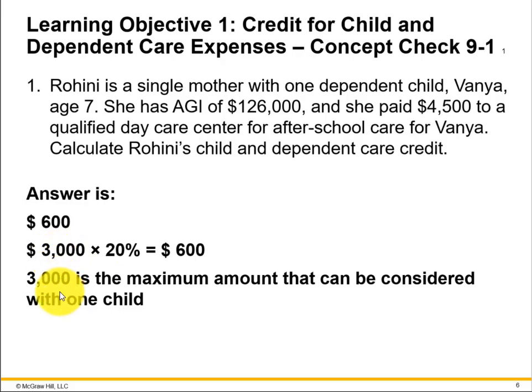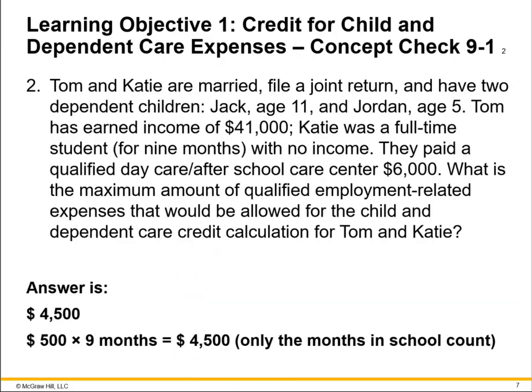We take that 3,000 for one qualifying individual. On the table, her percentage is 20% because her AGI is over the 43,000, and so her credit is 600. Even though she paid 4,500, the credit is only 600. So she gets her tax liability lowered by $600 out of the 4,500 she actually paid.